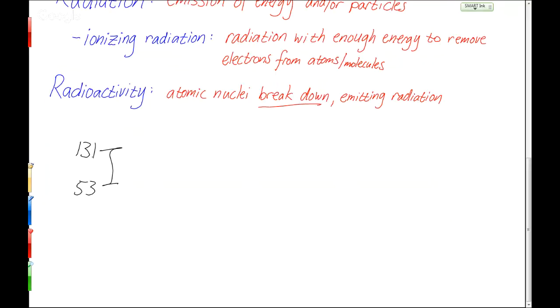So the bottom one is the atomic number. That's what we see on the periodic table. And that's the number of protons.